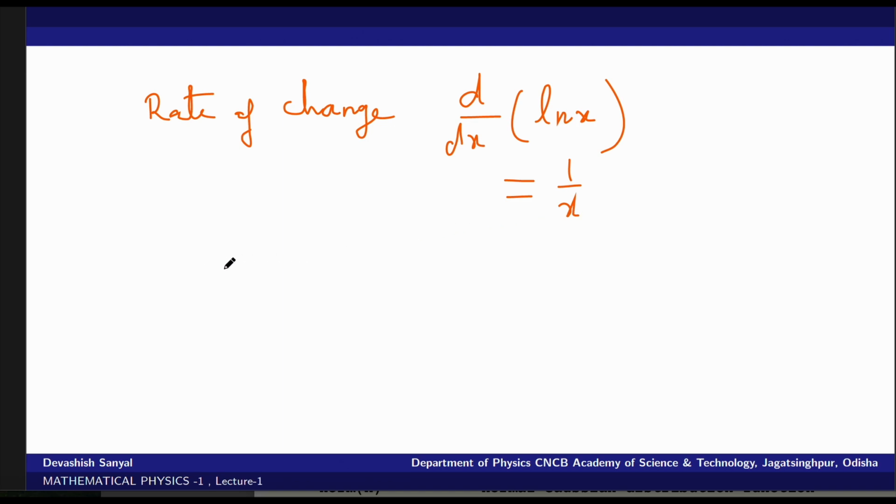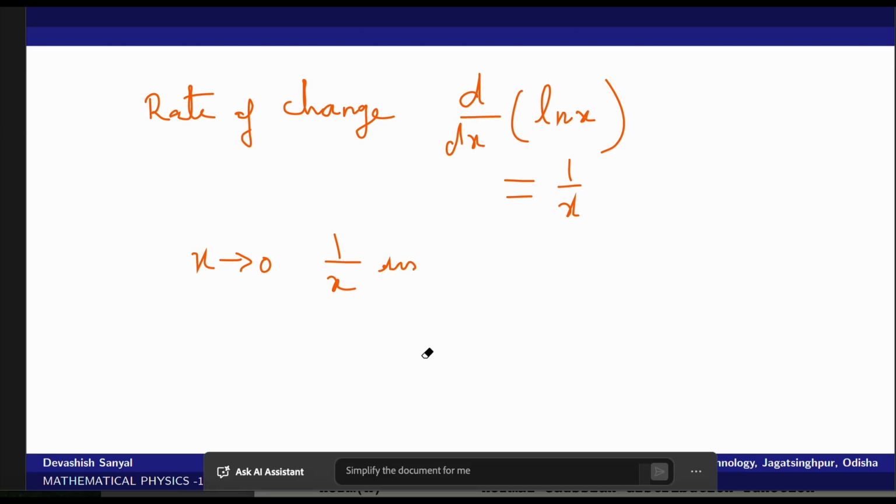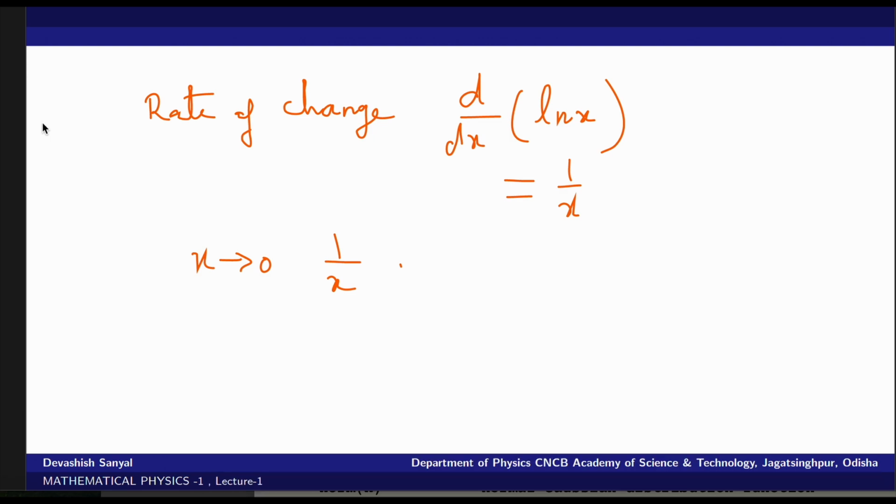So this is the rate of change, which tells us that if x tends to 0, 1 by x tends to infinity, isn't it?